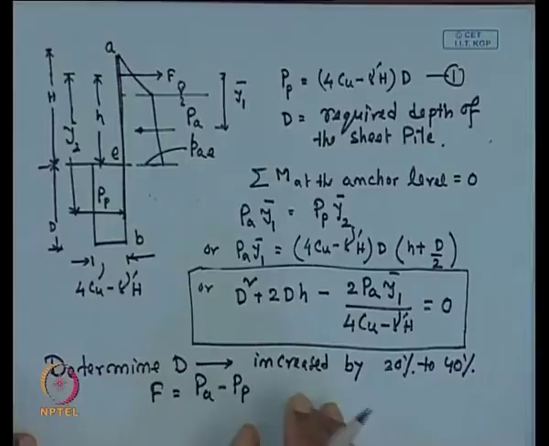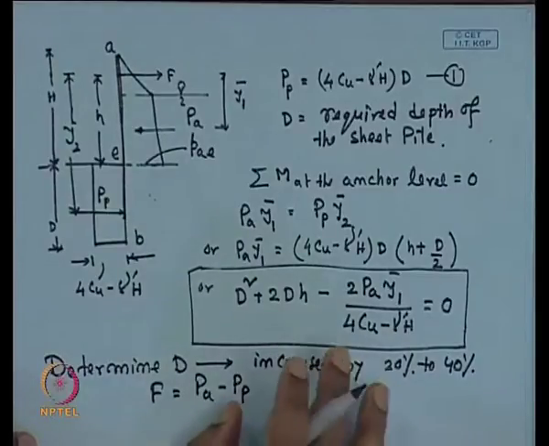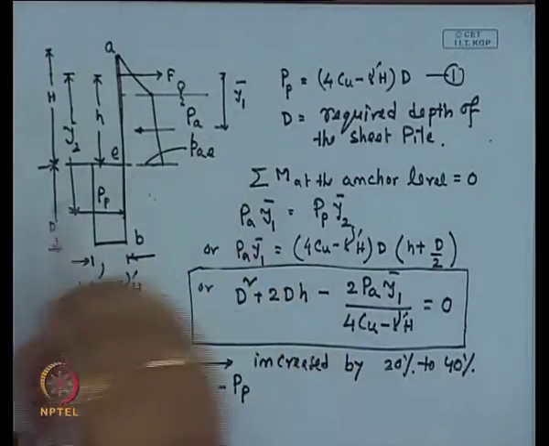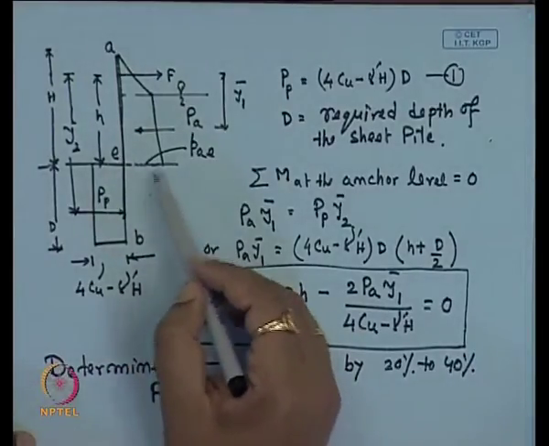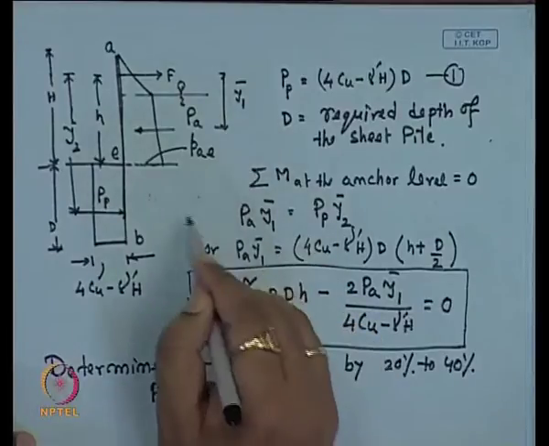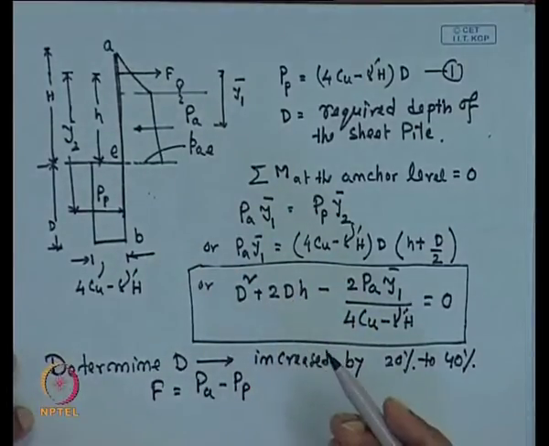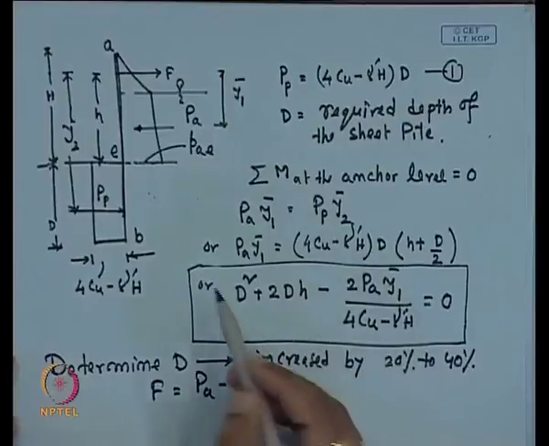So, these are two different cases: the previous one is the granular soil and this is the cohesive soil. As it is in the cohesive soil, this phi u is 0, so K a is equal to K p is equal to 1, that we are using.